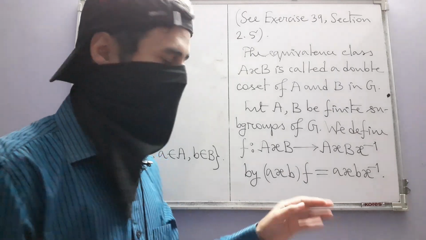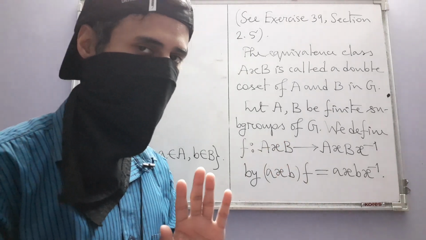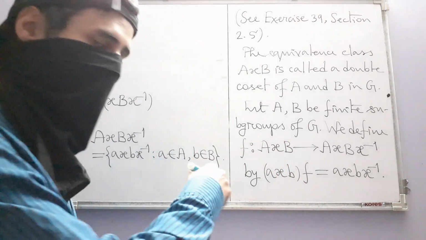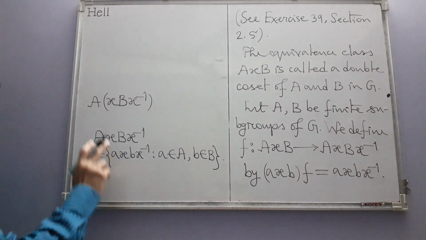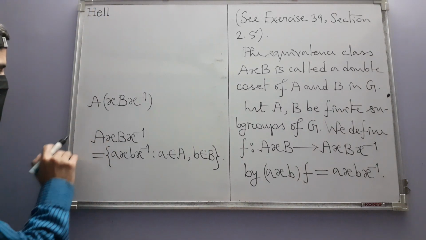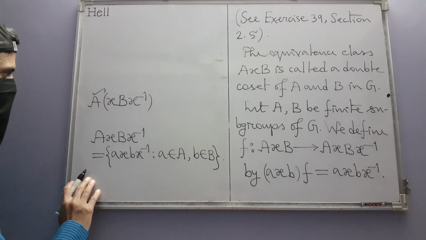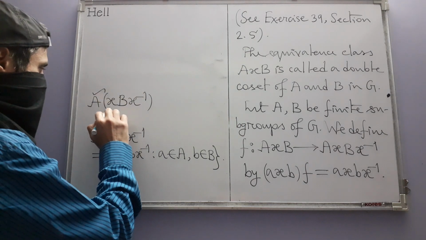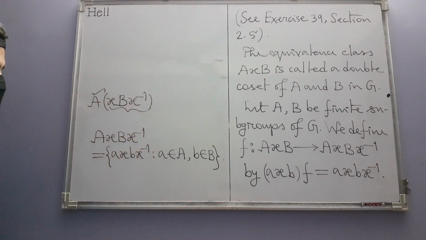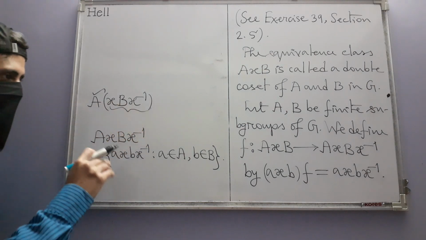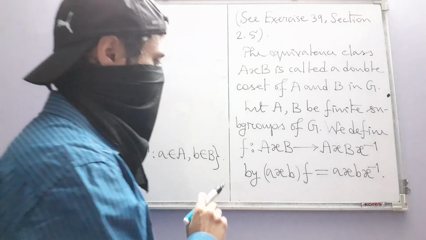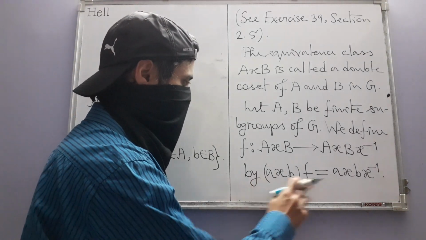But that left coset is not necessarily itself a subgroup, unless X is in B. Here, however, that's not the case. Here, this is a subgroup of G, of course, but this is also a subgroup of G. But we are coming to this fact a little later. Let us first see what this thing is.